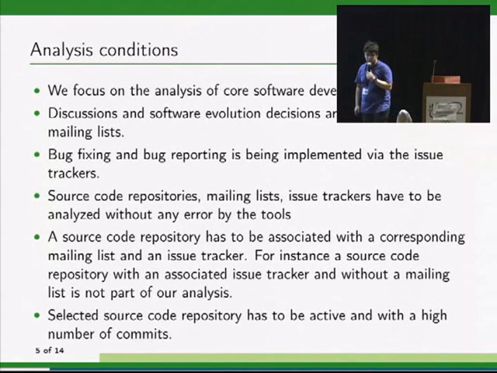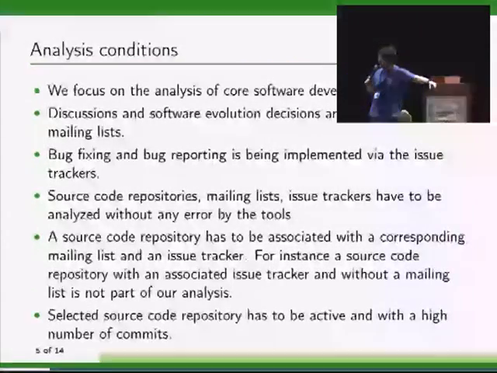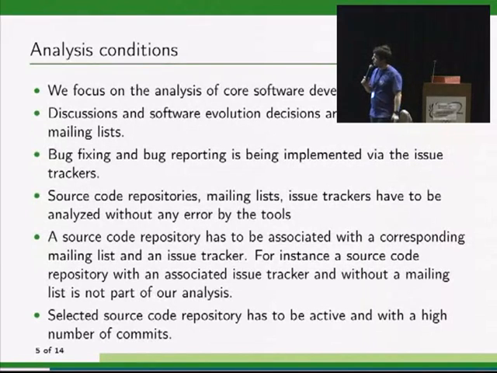We have to define the conditions of the analysis of the project. We focus on the analysis of the software development, because there are repositories, for example, artwork or other repositories that can be analyzed, but were out of our interest.